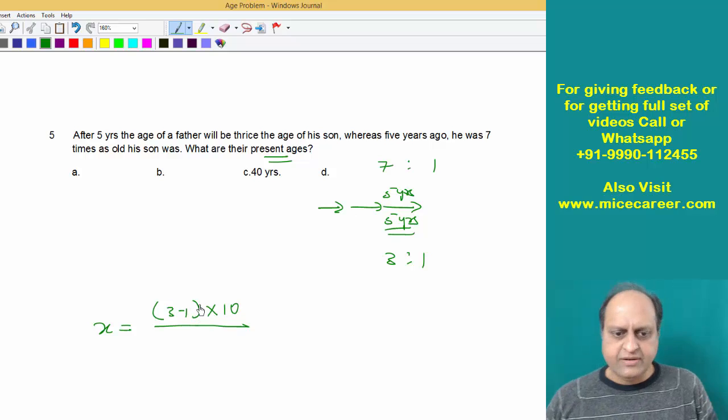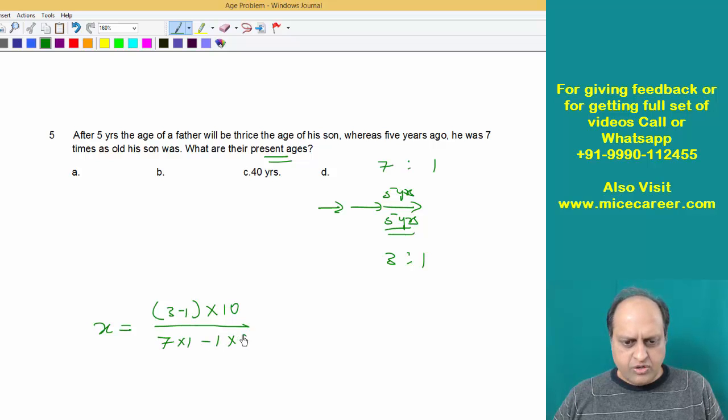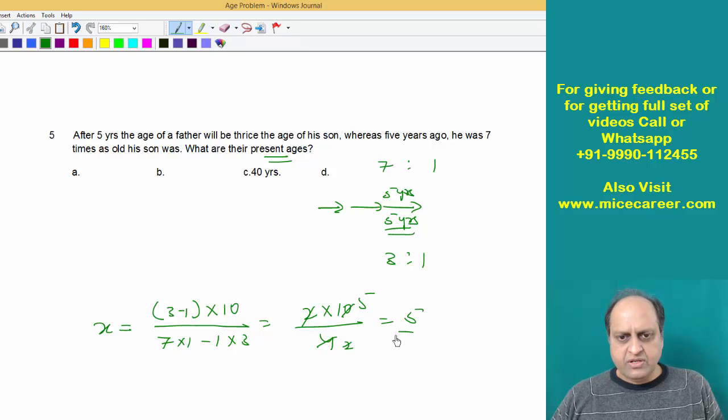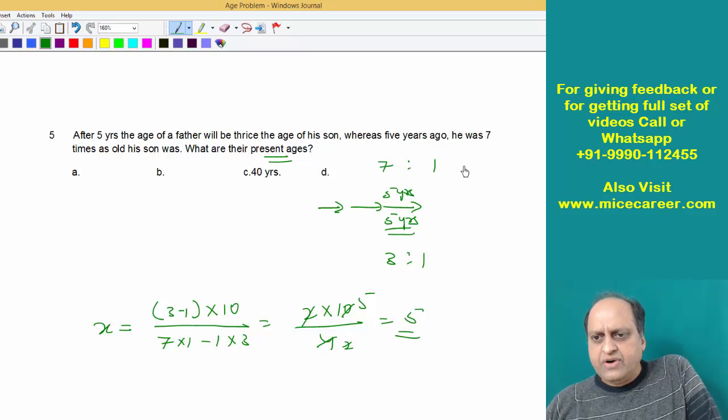Gap here is 10. Upon cross multiply 7 into 1 and 1 into 3. 7 into 1 minus 1 into 3. So you get 2 into 10 upon 4. So x is 5. So this age will become 5.